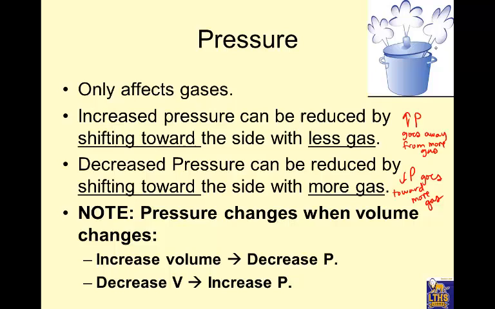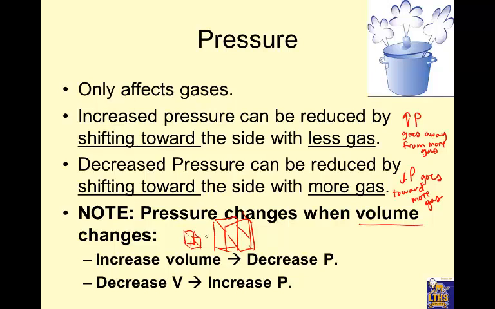Now, how do we change the pressure of a system? Usually we change the volume. If you increase the volume, you take this container and make it this big. So whatever pressure was in this container is now less because there's more room for the gas to spread out.